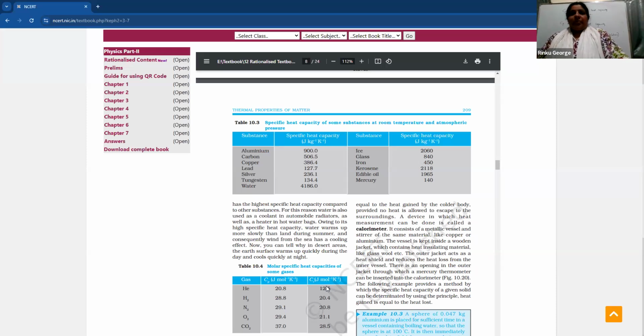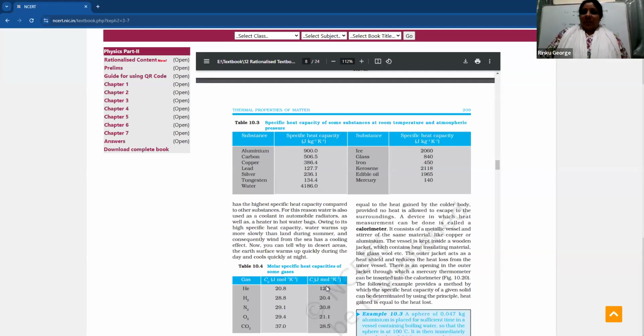That's why wind from the sea has a cooling effect. Now you can tell why desert areas and earth surface warm up quickly during day and cool quickly at night. So all this is due to the high specific heat capacity of water.